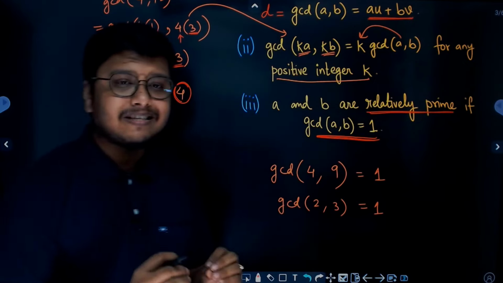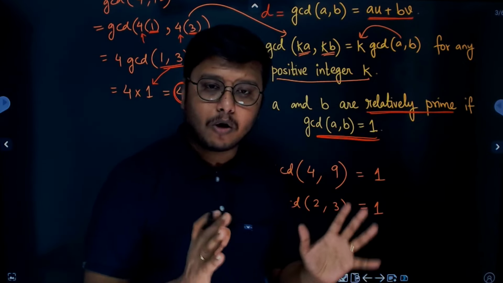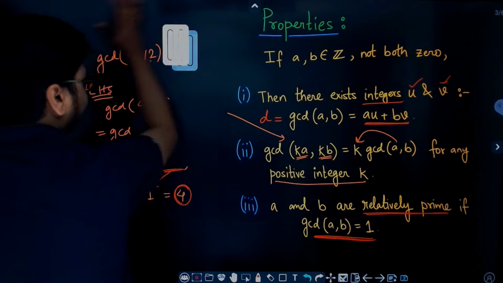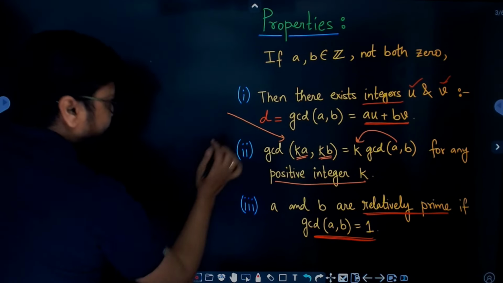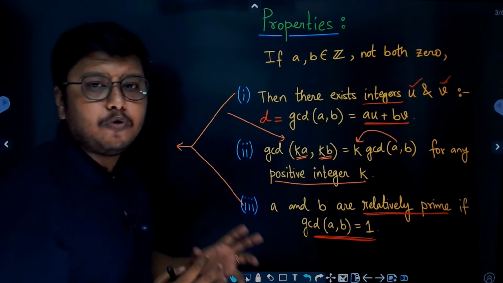So these are the three very basic properties. Using these three properties, we're going to do some problems. Before I start doing the problems, I just want to point out one more thing, that we can use property 1 and property 3 to make a new property.